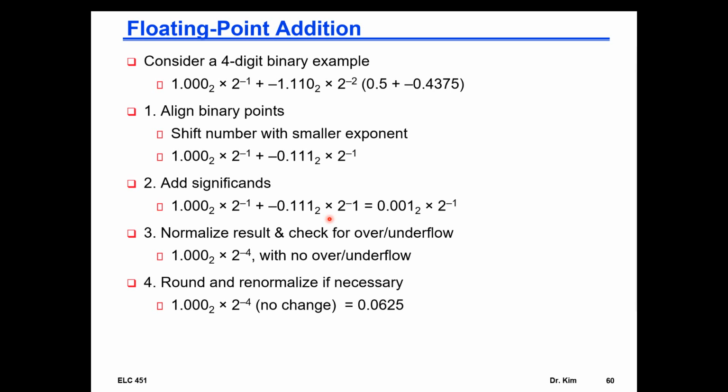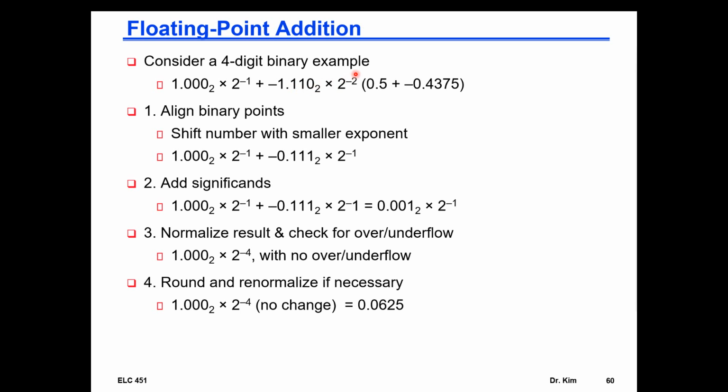Now let's look at the actual arithmetic, and you'll see why the arithmetic units end up being more complex. Let's just consider a 4-digit binary example, which is not a standard, it's just more manageable to talk about here. How do we do addition if we had the number 1.000 times 2 to the minus 1 plus minus 1.110 times 2 to the minus 2?